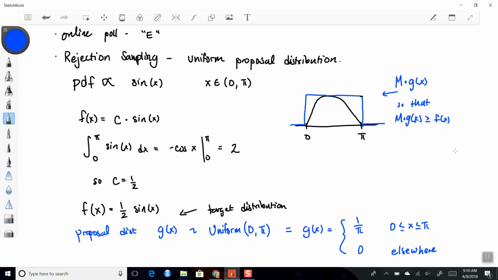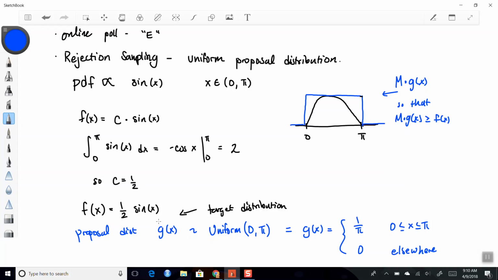Okay, so what is the maximum value of f of x? 1/2. That's the highest that f of x will get, because f of x is 1/2 sine of x, right?